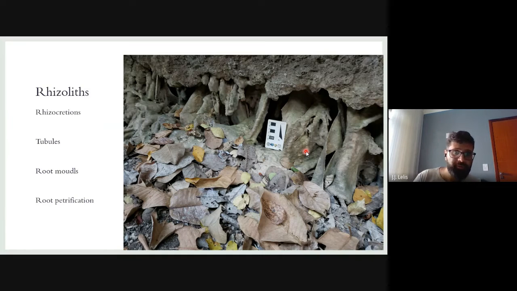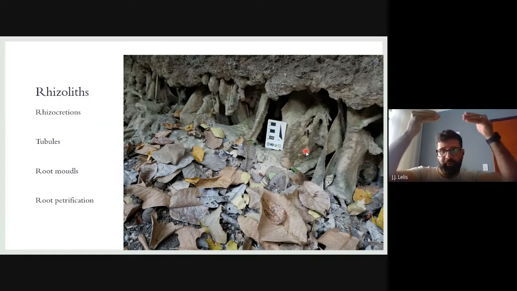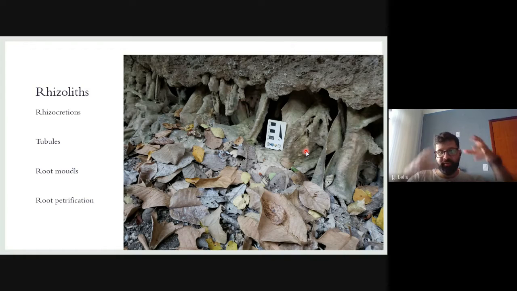We could know that they are formed in well-drained conditions, so the soil is not formed in waterlogged conditions, because the calcium carbonate needs to migrate through the soil and cement these roots. But we have a condition that's not so wet. We don't have so much rain, because we need to favor the precipitation of calcium carbonate.